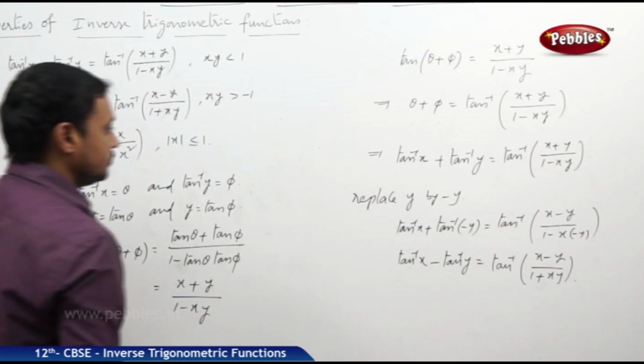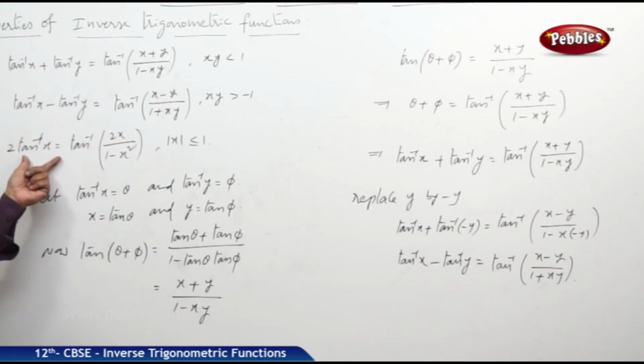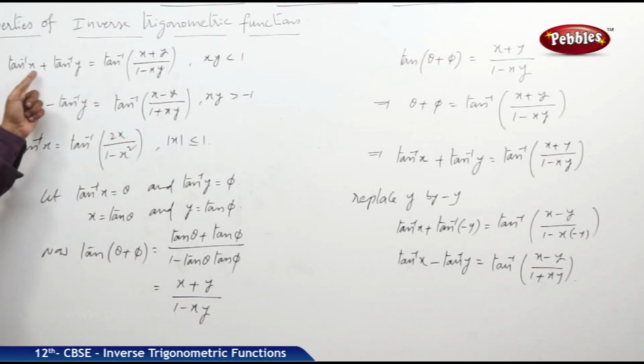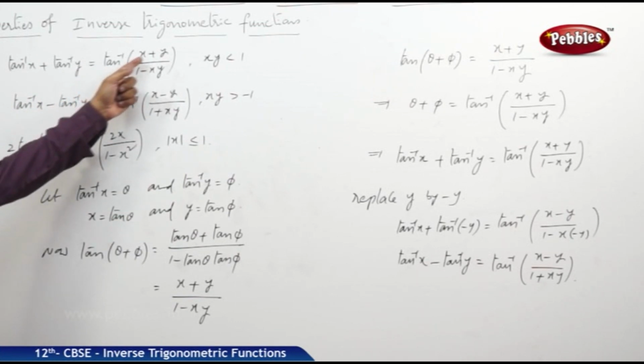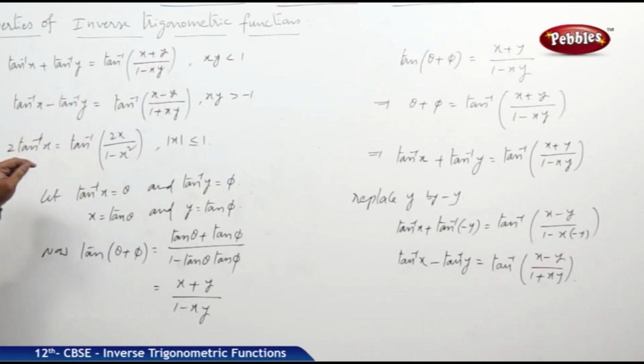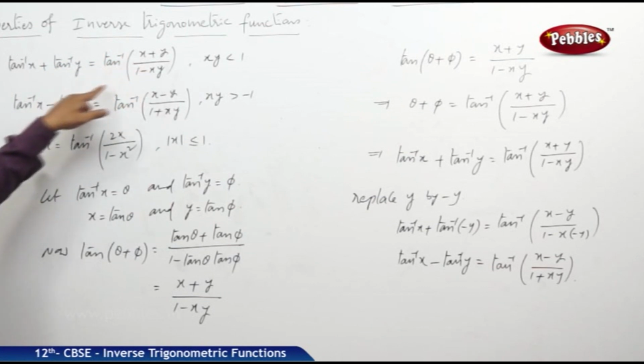Next, the third one. How do we get this third property? You see, tan inverse x plus tan inverse y is equal to tan inverse of x plus y by 1 minus xy. It was already proved. So in this property, replace y by x.